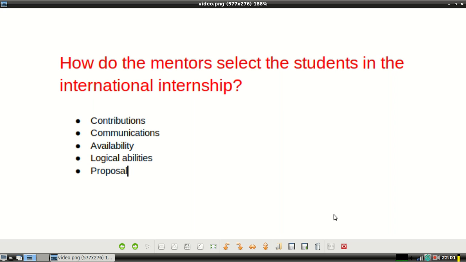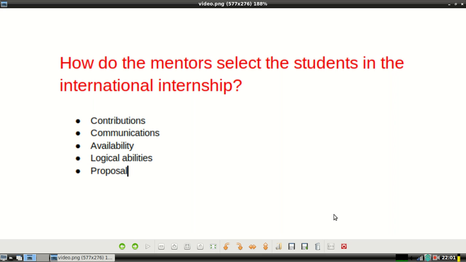And yes, these are the 5 points. If all the 5 points are good, then your selection is certain. So be careful while selecting the organization, while making pre-contributions, and while making a proposal. These 5 points are what you need to get selected in an international internship.